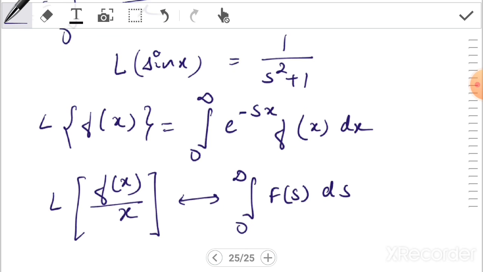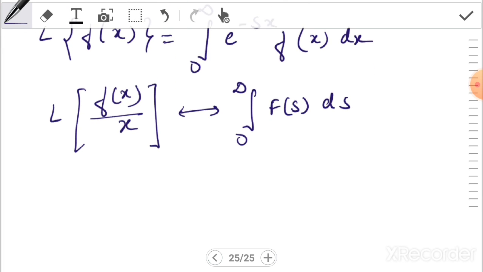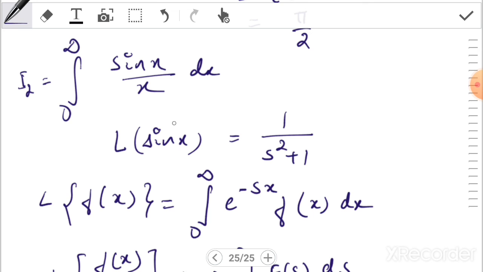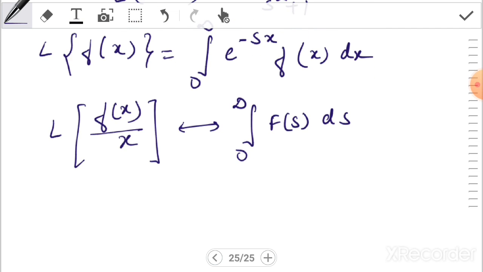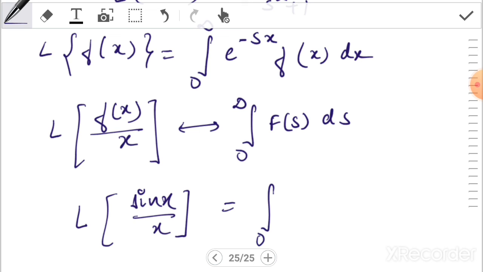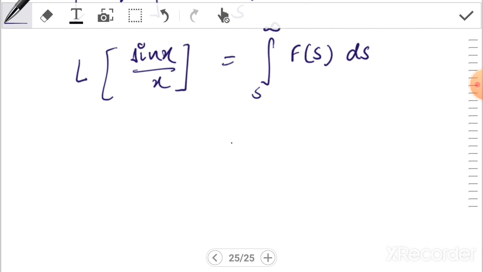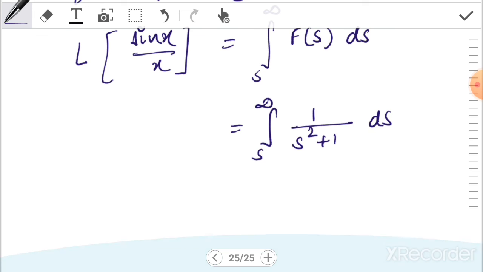So now we know that Laplace transform of sin x is 1 by s square plus 1, and Laplace transform of sin x by x will be equal to integral s to infinite F of s ds, and F of s is 1 by s square plus 1, so s to infinite 1 by s square plus 1 ds. Now evaluate this.